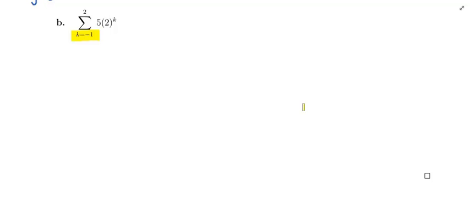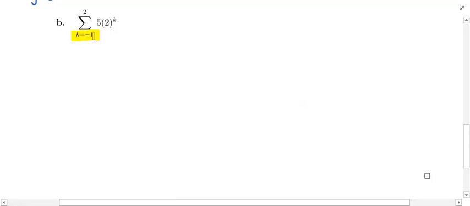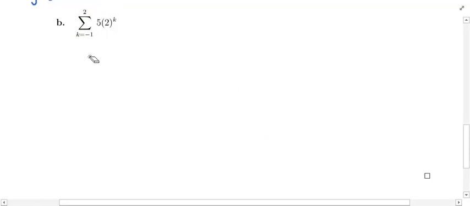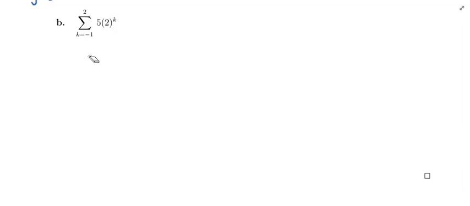We're just going to start at -1 and then keep going up by 1 until we get to the upper limit of summation, which is 2. I did mention to you when we were first discussing summation notation, it is possible that your index of summation starts somewhere else other than 1.